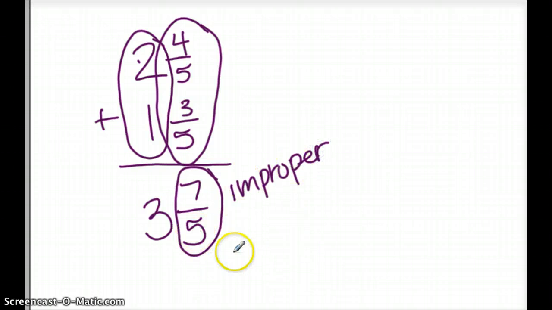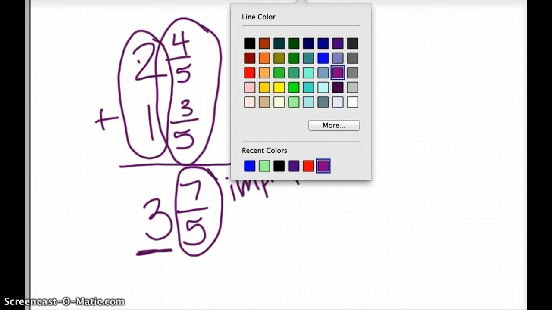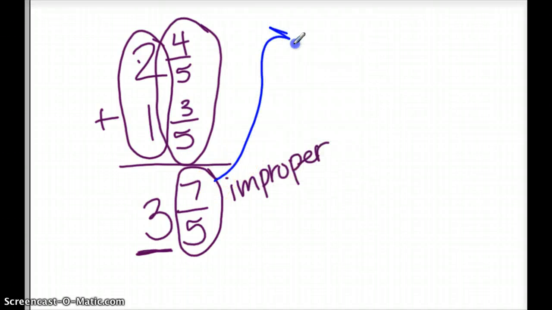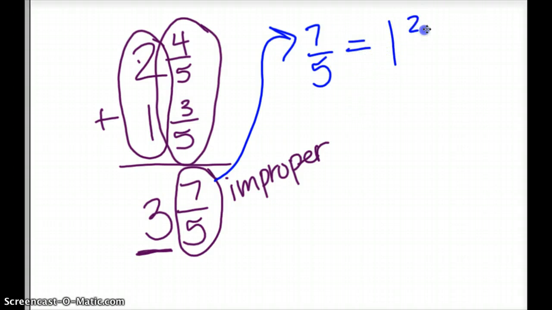Okay? If I have an improper fraction, I take just the fraction. I leave the whole number the same, and I'm going to convert the fraction into a mixed number. So I'm taking 7/5 and I'm converting it to a mixed number.